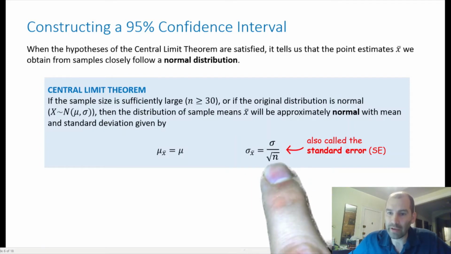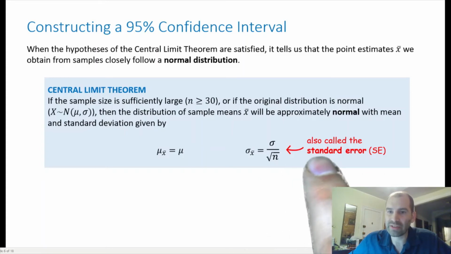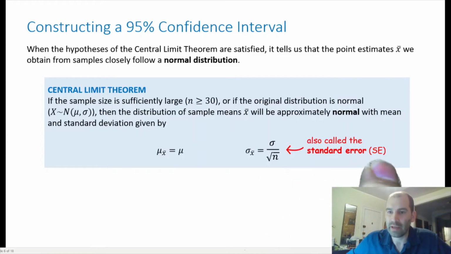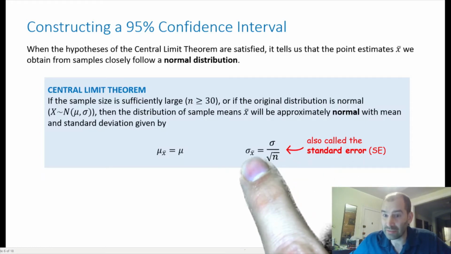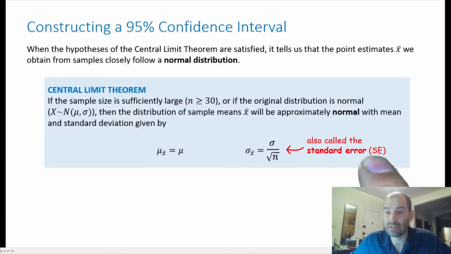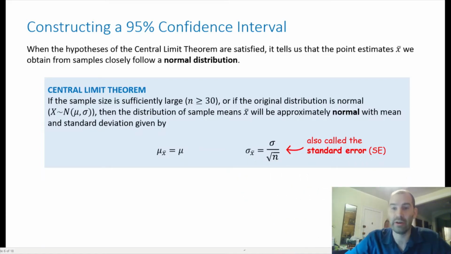And by the way, this is also called the standard error, and often abbreviated SE. I'm going to refer to this as the standard error throughout the rest of this video. So it is the standard deviation of the sample means, but we're going to just call it SE, standard error.